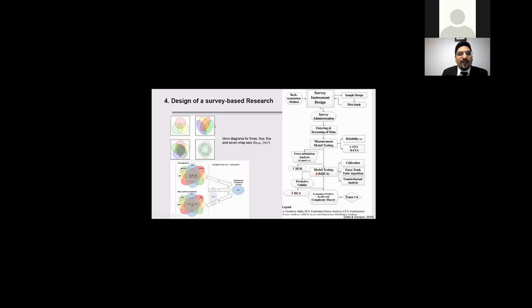If you have 4 factors, you may use this one. If you have 5 factors, you need to draw this kind of shape. And if you have more factors, maybe 7 factors, you need to draw the causal complex configuration like these factors.